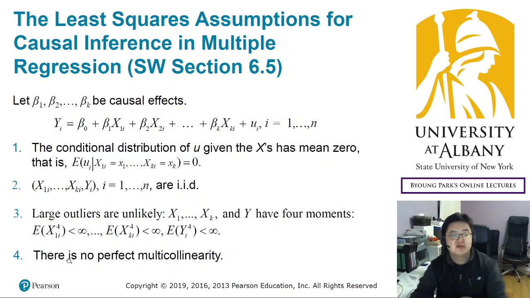And the last assumption is a new assumption. And you have a new term, multicollinearity. So multiple regressors have together a linear relationship. So then it's a problem. Multicollinearity is a trouble. And this is a new assumption which did not exist in a single regressor case because it is about the relationship among the regressors.